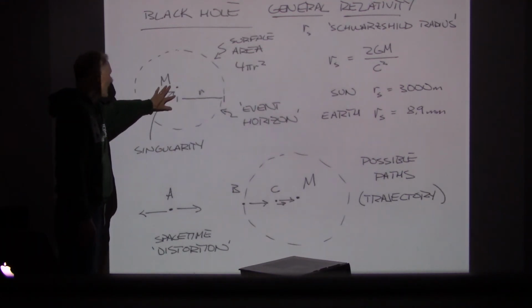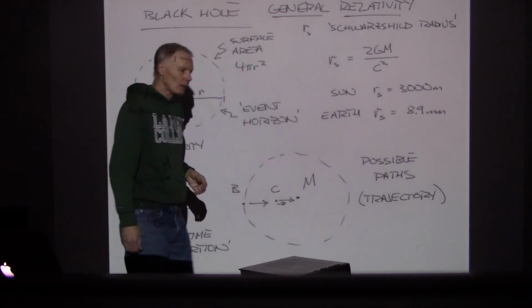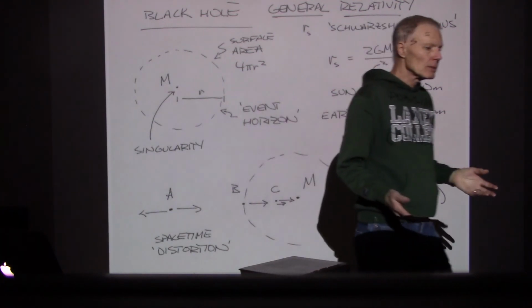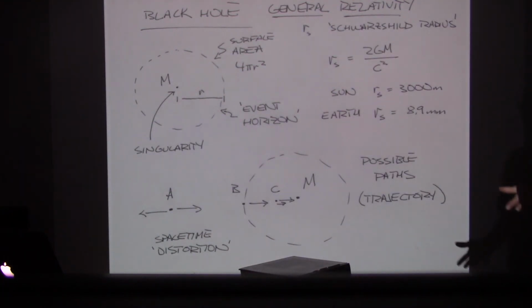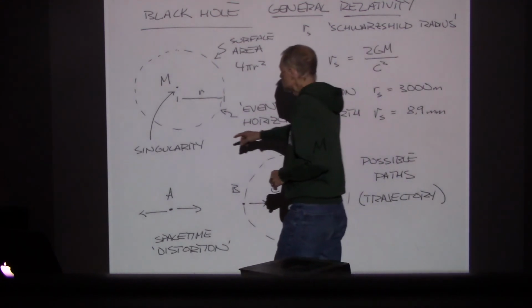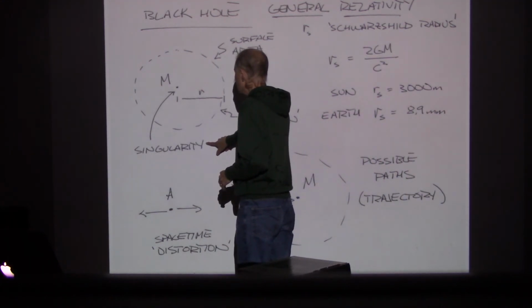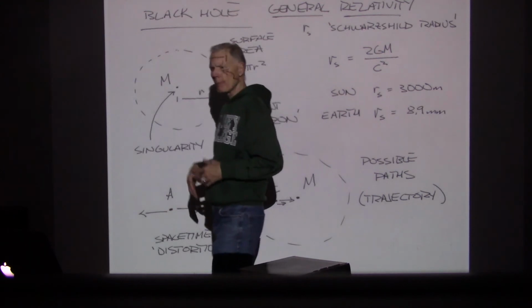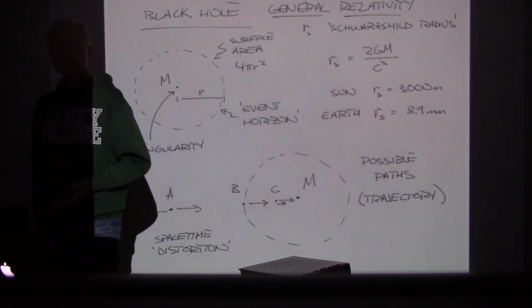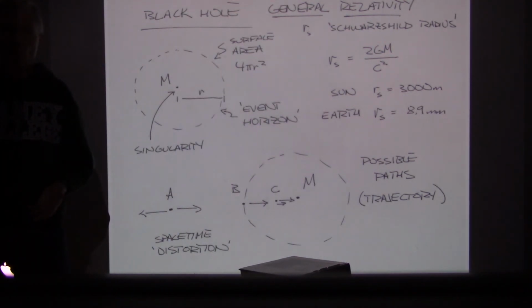Now, we do see evidence, we've identified objects out in space that appear to be stars that have collapsed. We also have found that at the centers of most galaxies are what we call supermassive singularities, supermassive black holes that appear to have formed at the time that those galaxies formed.